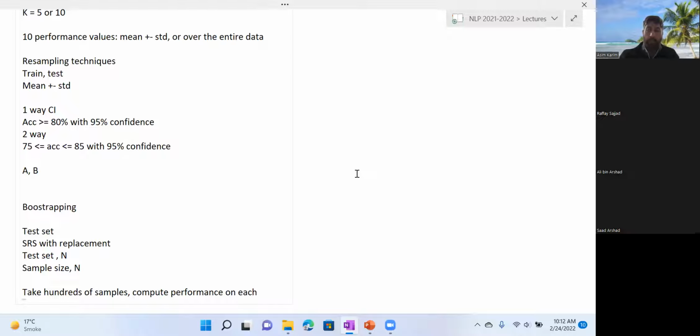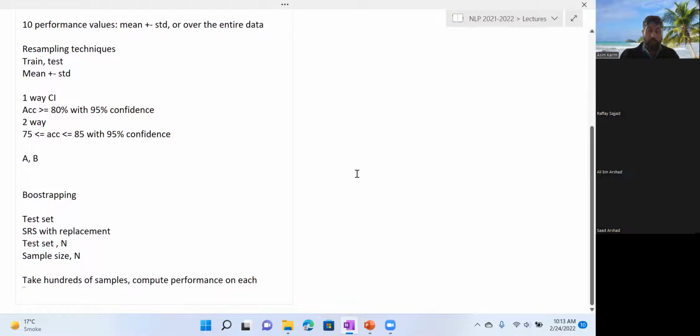So now you will have performance values. You don't need to train again, it's the same trained model, but you run it on tons of samples, obtained with replacement and of the same size as the test set. And then once you have those performance values, you can report those values and compare them.